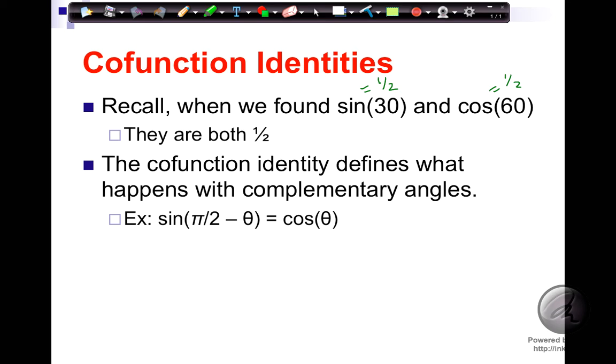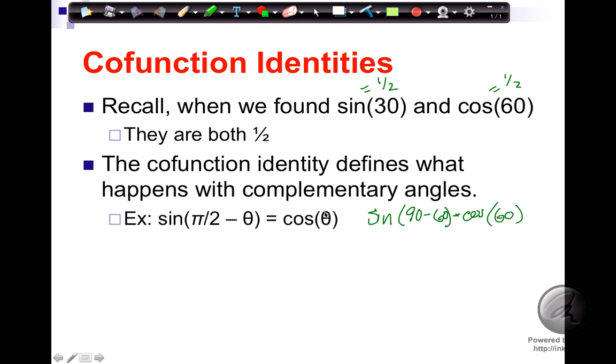Okay, so what I'm just saying here: if you have the sine of pi halves minus theta, well, that doesn't really sound right. So if I did the sine of 90 minus 60, it's going to equal the cosine of 60. Does that make sense here? Okay, so let's see that. 90 minus 60 is 30, and cosine of 60.